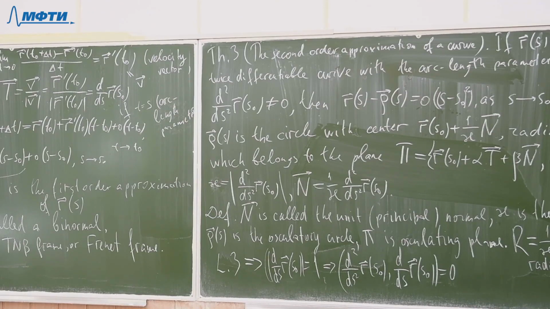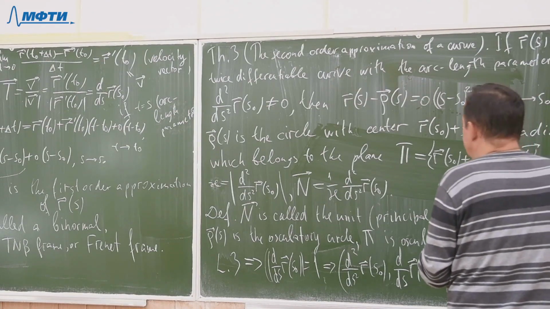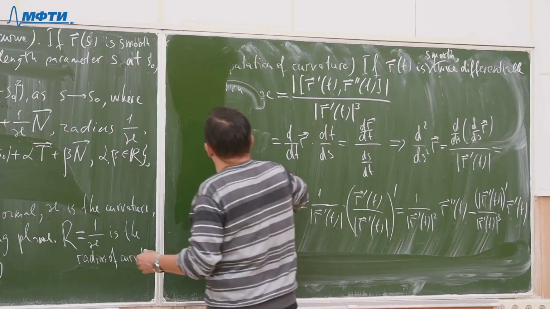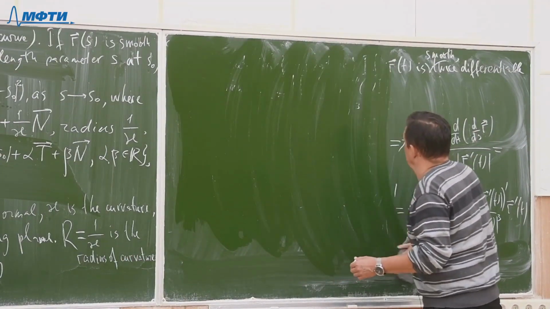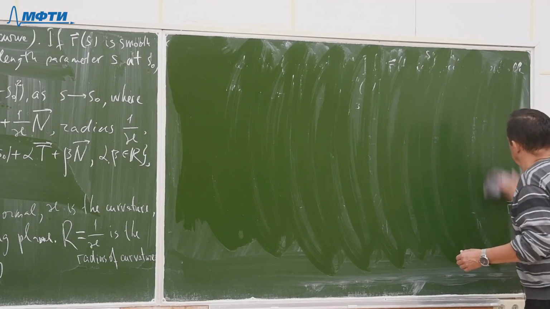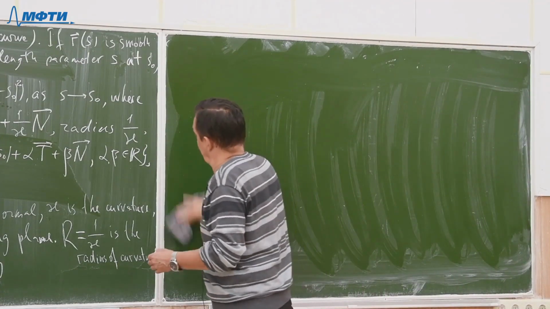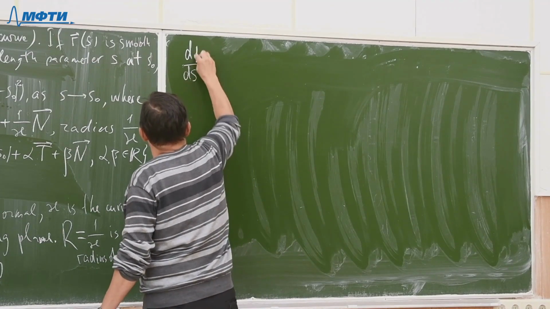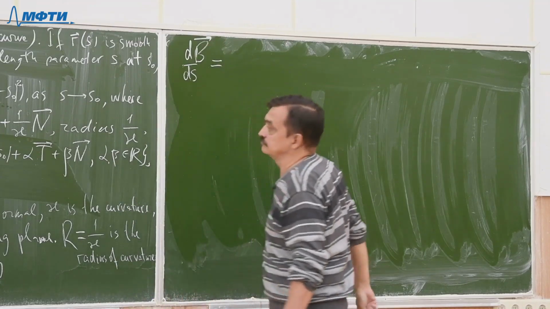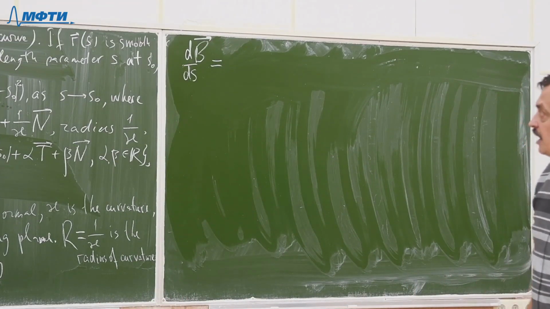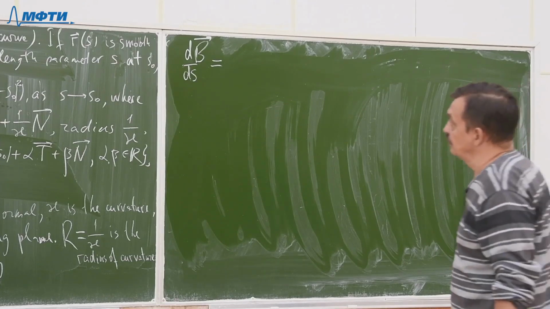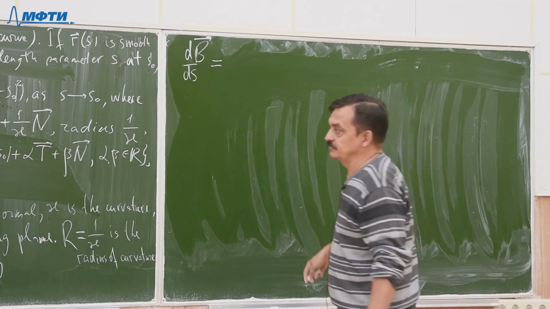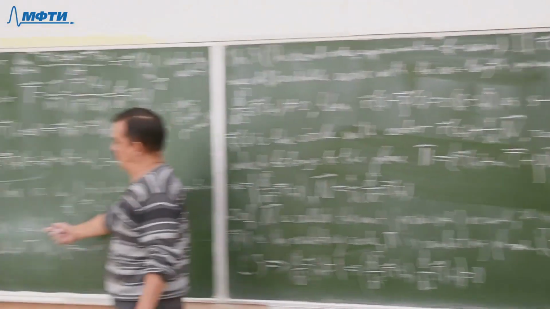Okay, now the interesting story is to look at the variation of those Frenet frame vectors. Look at the derivative with respect to s of B. So the binormal vector, how it varies with respect to the arc length parameter, which is most natural. By definition, we need to differentiate this vector product.